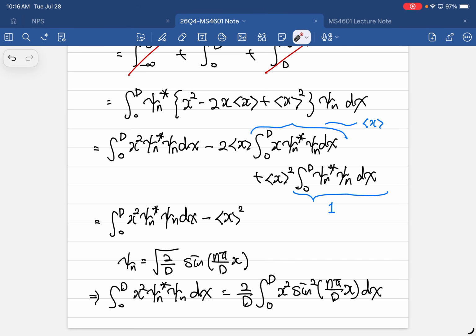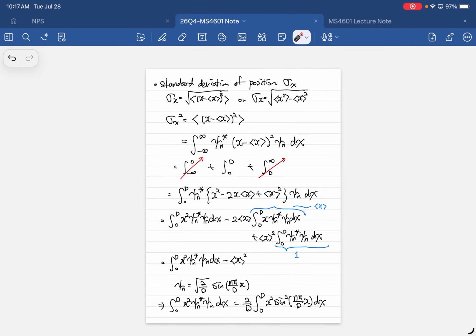And 2 over d, square root, comes out as 2 over d because we are squaring. Just looking at this, it's kind of a pain. You have to do integration by parts. How many times? Twice, because it now has x squared. So it's a lengthy process. You have to do integration by parts twice.